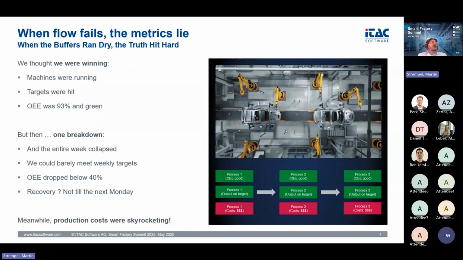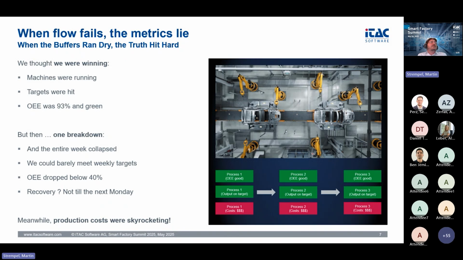So then things started to go wrong, right? We started to have small breakdowns, especially early on in the production area, mainly in the first shop. The effect was that during the week, our buffers would start to drop. And just like that, suddenly we started missing target after target.